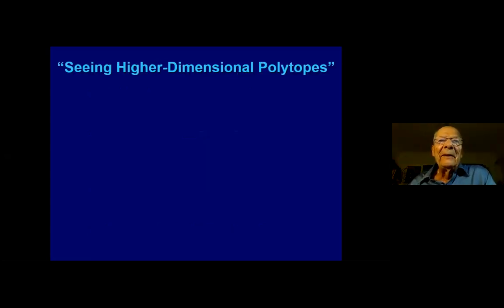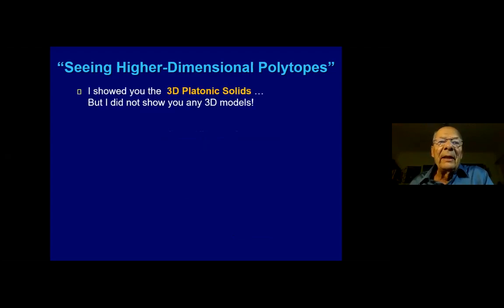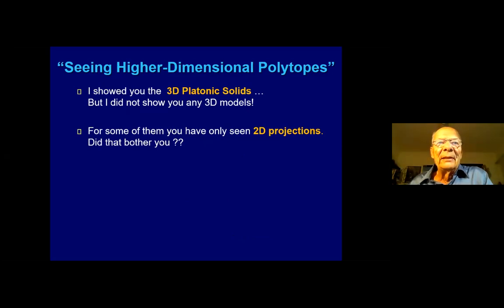But how can we visualize such objects? I have showed you the Platonic solids, but I did not really show you any 3D models. For some of them, I just showed you 2D projections. Did that really bother you?